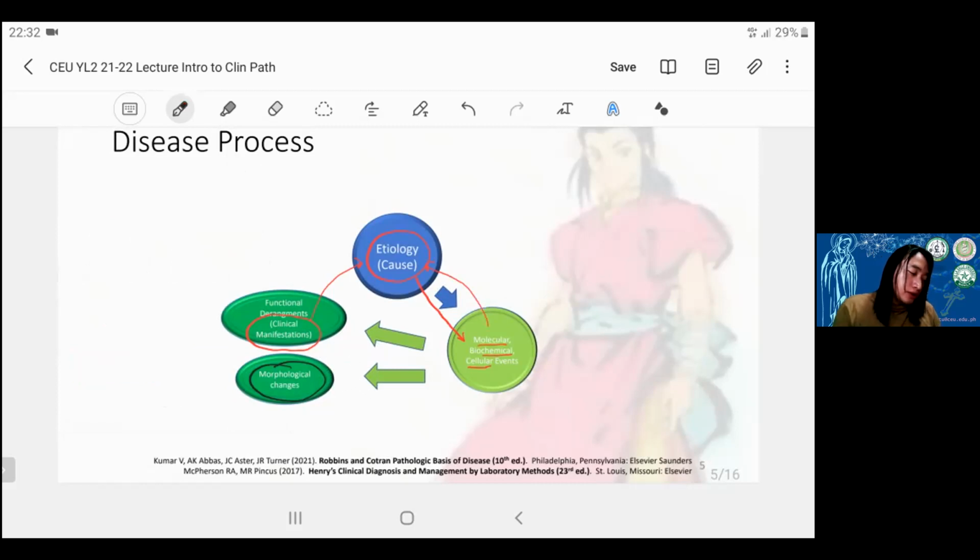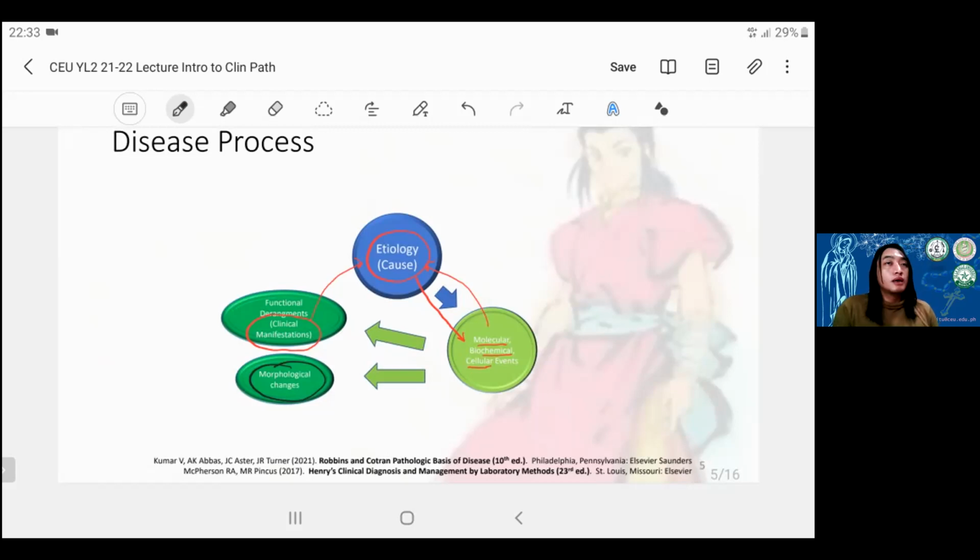In pathology, on the other hand, we are given another endpoint, the morphologic changes. So it would either be architectural changes in the tissues or cellular changes in the cells using cytopathology.